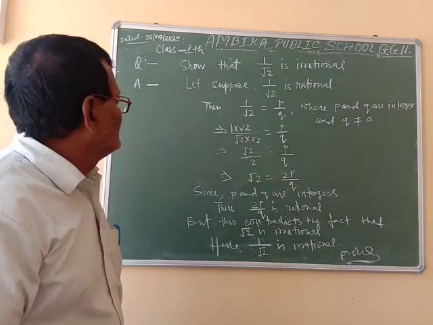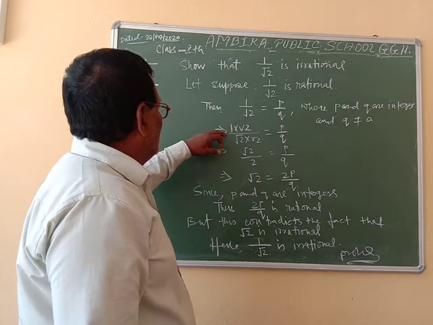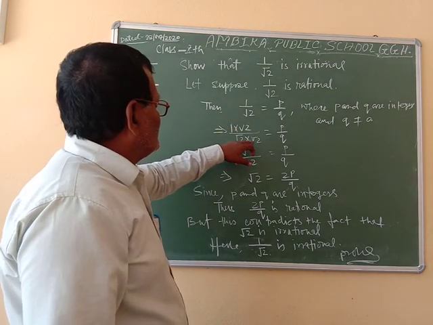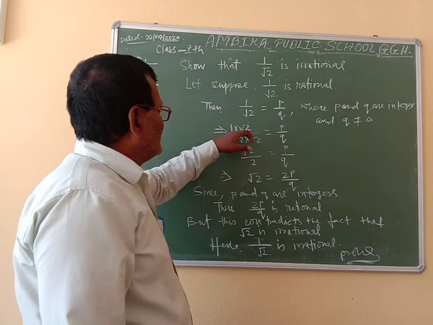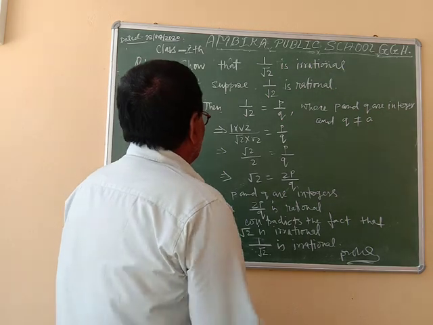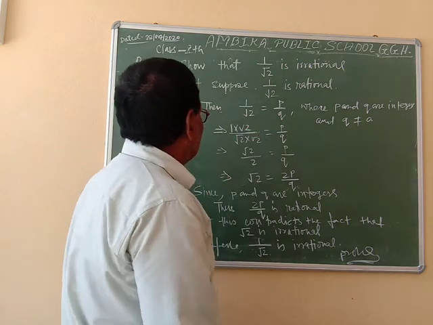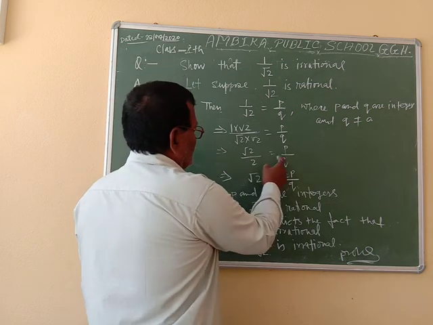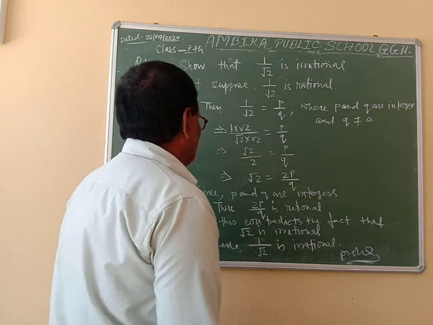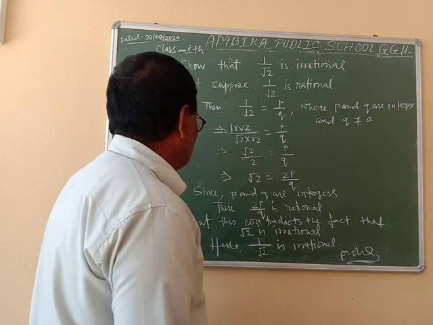Rationalizing the LHS, multiplying and dividing the numerator and denominator by root 2, we get 1 into root 2 by root 2 into root 2 is equal to p by q, or root 2 by 2 is equal to p by q, or root 2 equals 2p by q.